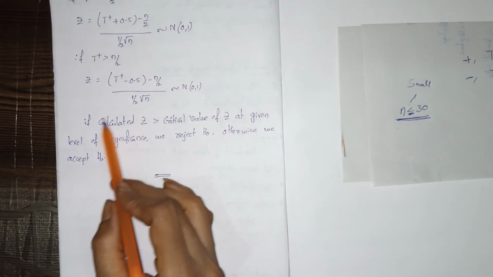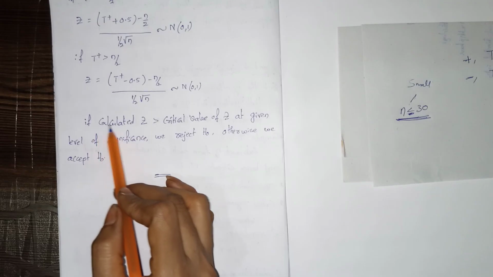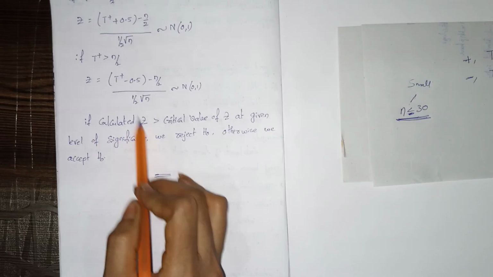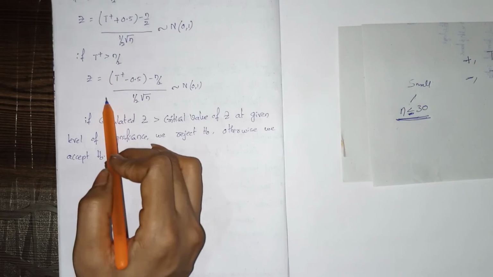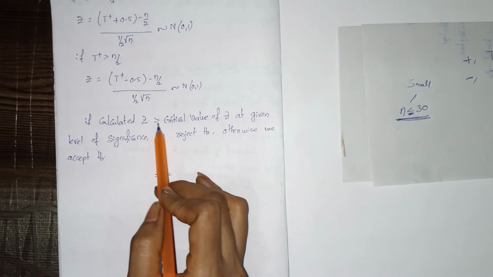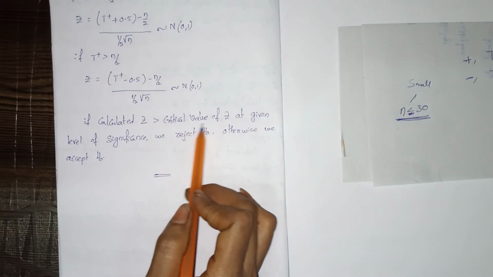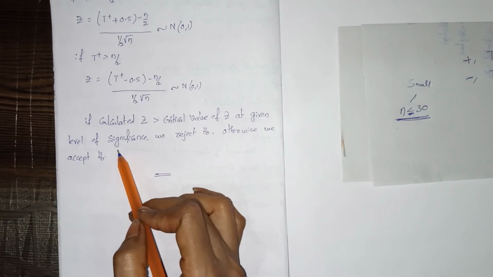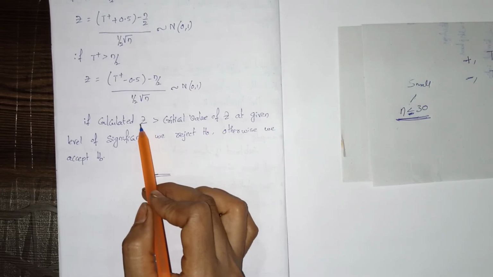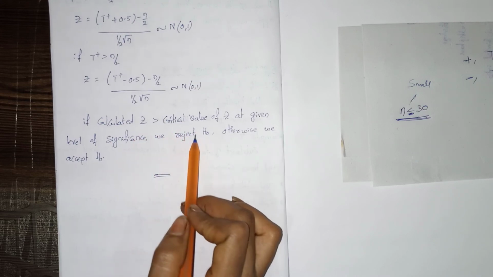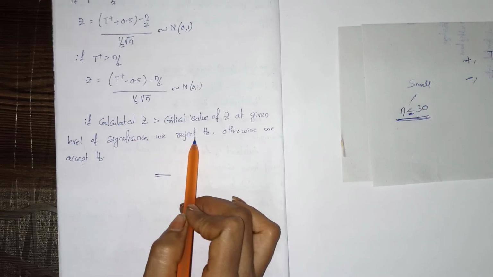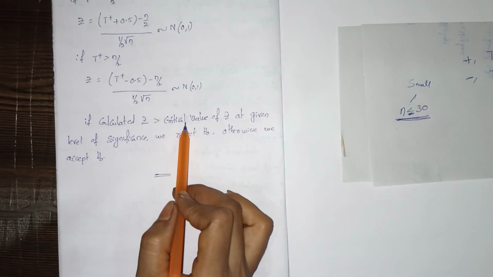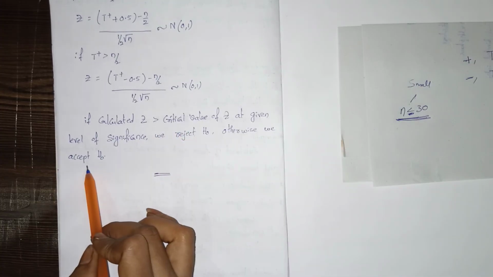The conclusion: if the calculated value of z is greater than the critical value of z, which is the table value at the given level of significance, we reject H0. If the condition is false, we accept the null hypothesis.